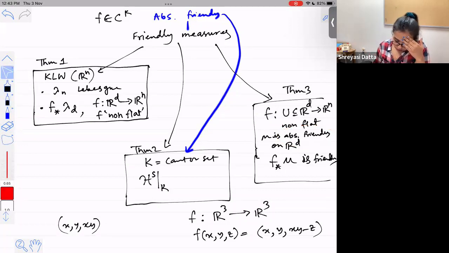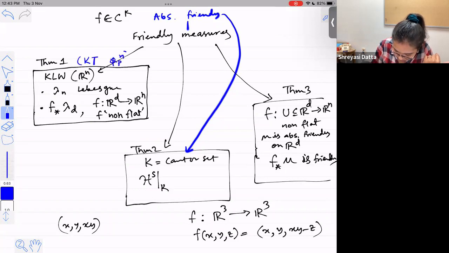Okay, so this was the situation in the case of R. Now, in the case of Q_p, this theorem 1 is proved by Kleinbock and Tomanov for Q_p. And this theorem 2 is also proved for Q_p^n by Kleinbock and Tomanov. And in that same paper, they conjectured theorem 3.